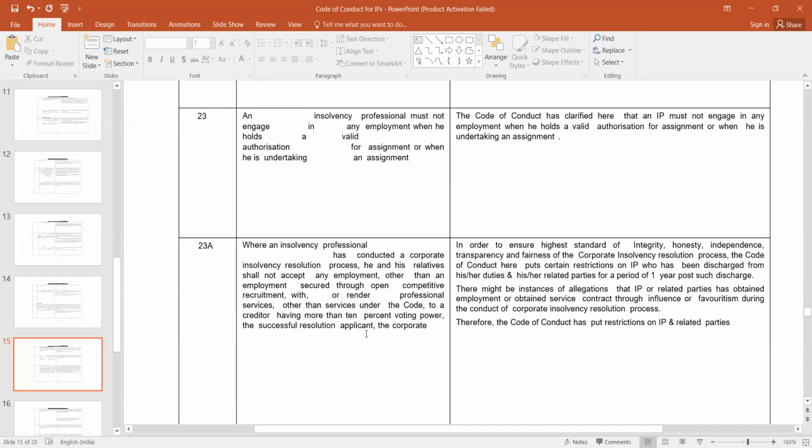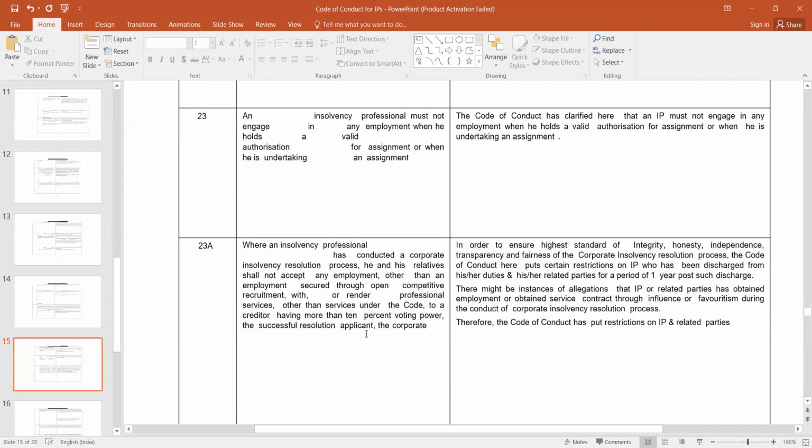So when an insolvency professional has conducted a CIRP, he and his relatives shall not accept any employment other than an employment secured through open competitive recruitment with, or render professional services other than services under the code to, a creditor having more than 10% voting power, the successful resolution applicant, because these are the persons to whom you were in a position to give benefit.